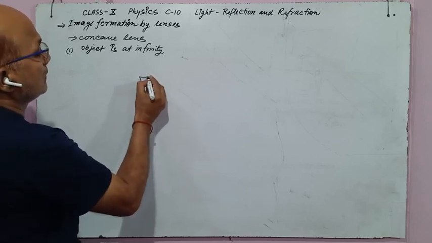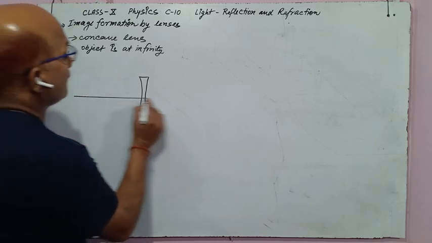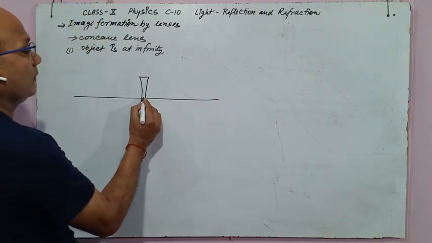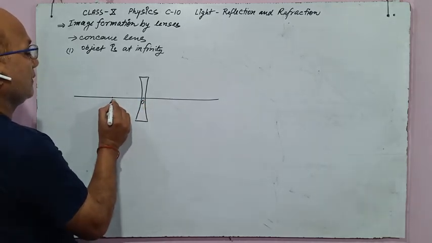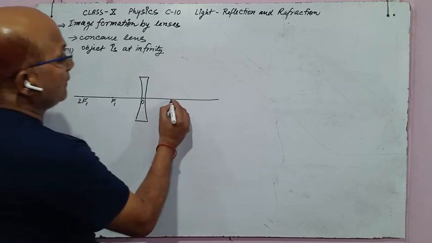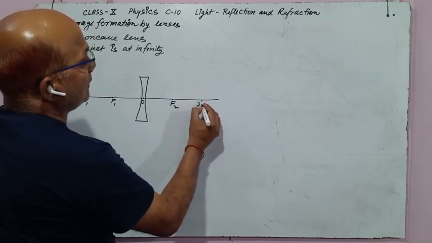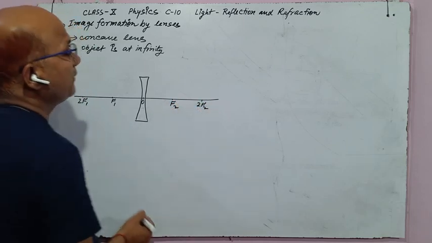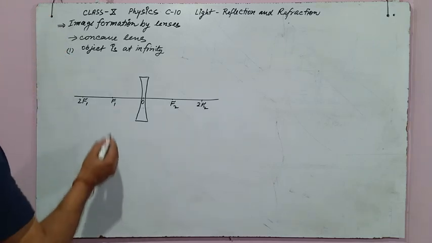So this is concave lens. This is optical center, F1, 2F1, this is F2 and 2F2. So object is now at infinity.